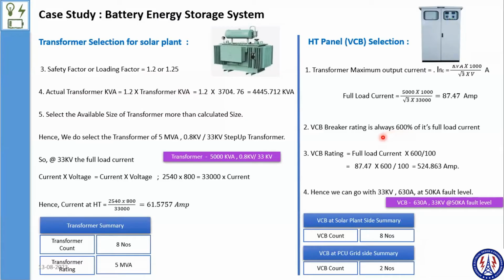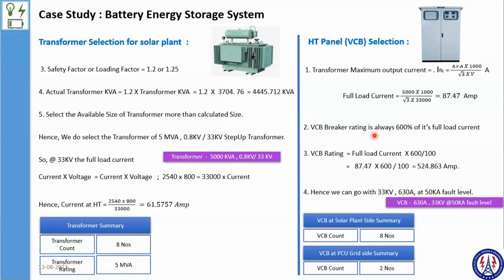Can you tell me the reference that you found? Yes, you can refer to the normal IEC 62271. You can refer to that. It is stating similar to switchgears.